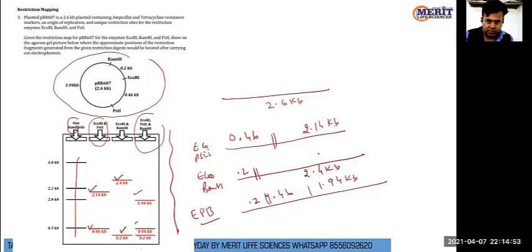So after combining 0.46 and 1.94, what is coming? You can calculate. 0.46, 0.2 and then 1.94. So you have to combine 1.94 plus 0.46.